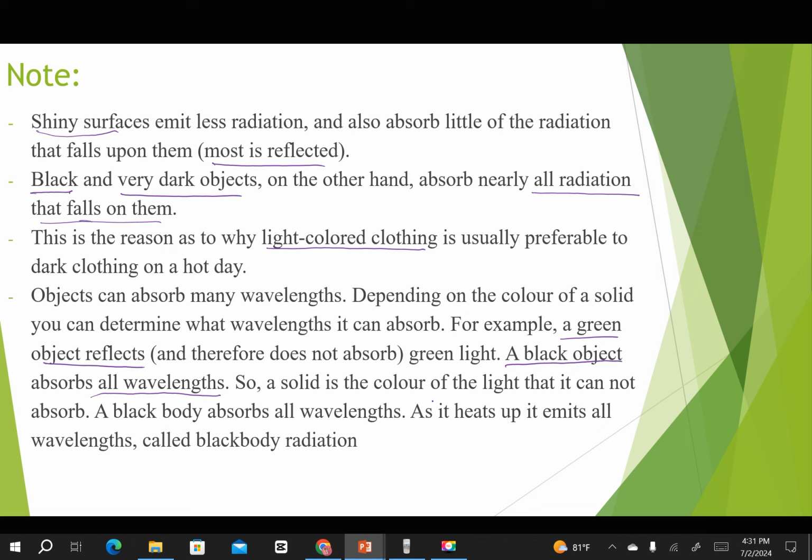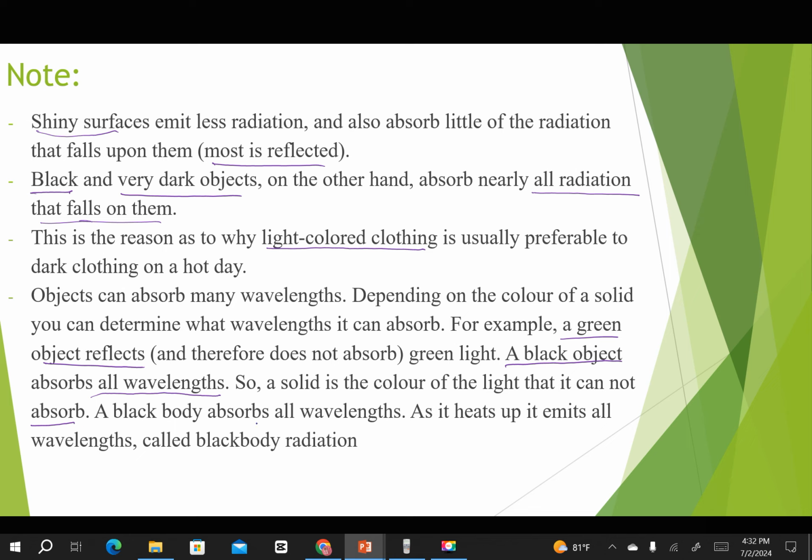So a solid is the color of the light that it cannot absorb, because we view objects by what is reflected from the objects into our eyes. So an object is going to have the color of the light that it cannot absorb.